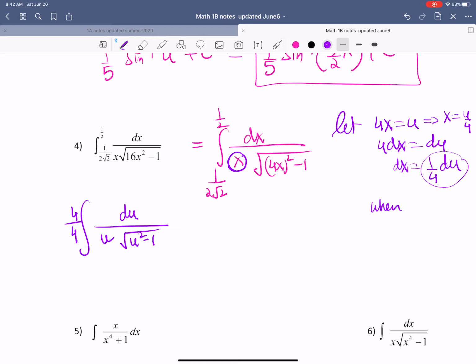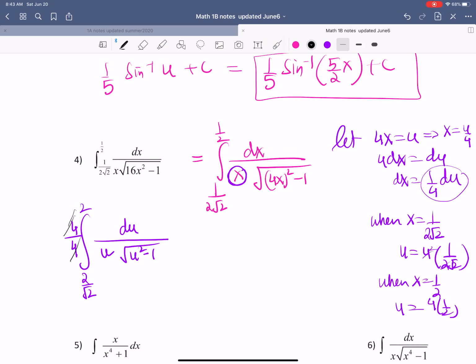When x is 1 over 2 root 2, u is 4 times this x, which turns out to be 2 over root 2. And when x is 1/2, u is 4 times the 1/2, which is 2. Okay, now it looks a little bit more doable.